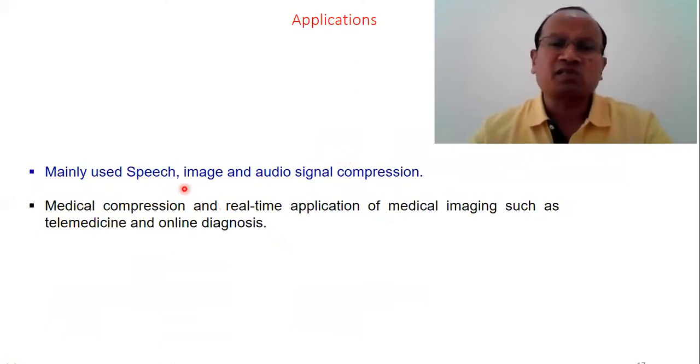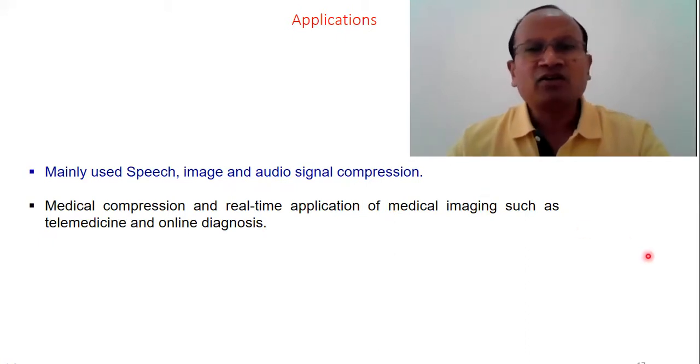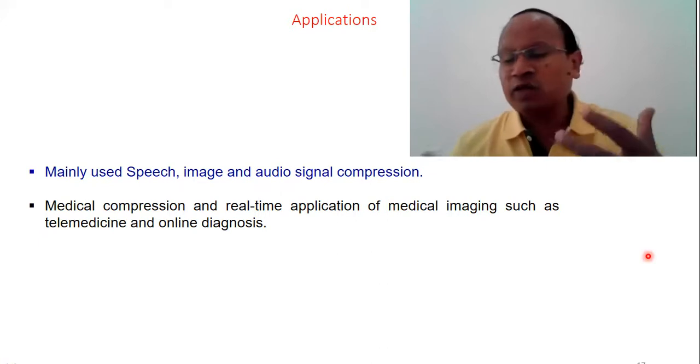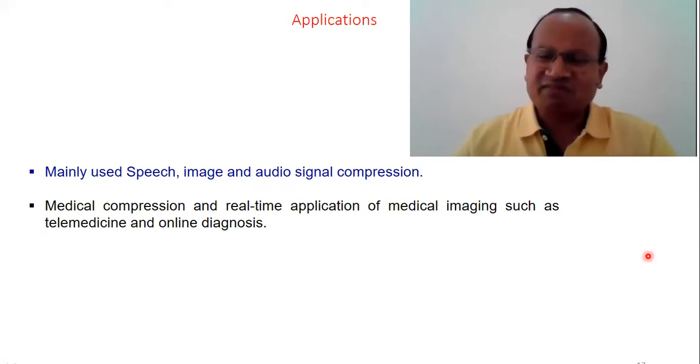Applications are mainly in speech, image, and audio signal compression, where we want the signal to be communicated using a lesser number of bits. The ultimate goal of digital image processing is to process digital images.